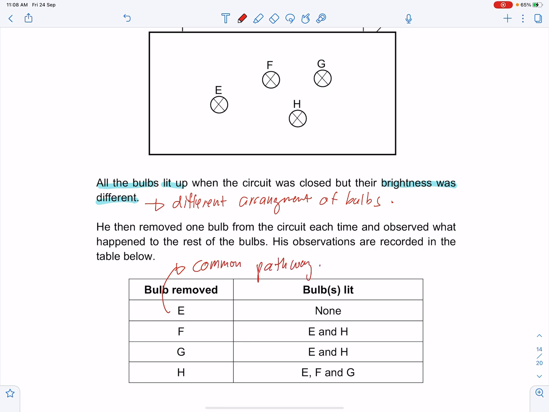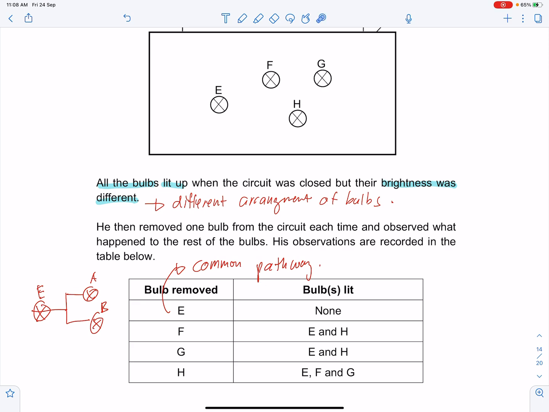What do I mean? Common pathway means if I have something branching, say this is A and this is B, and electricity flows this way, the common one would be something like this. This could be E.